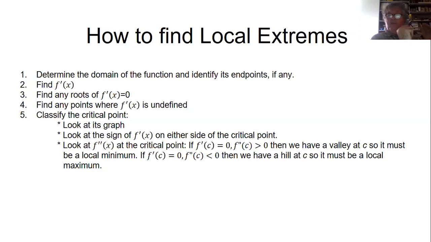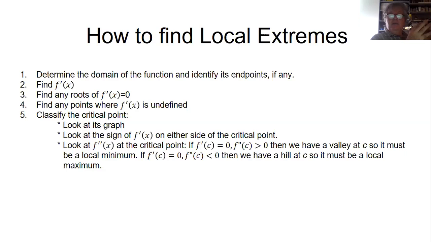If the derivative is positive before and negative after, that means you've got a maximum. If it's negative before and positive after, that means you've got a minimum. If it's positive before and positive after, like in the case of x cubed, you've got neither.